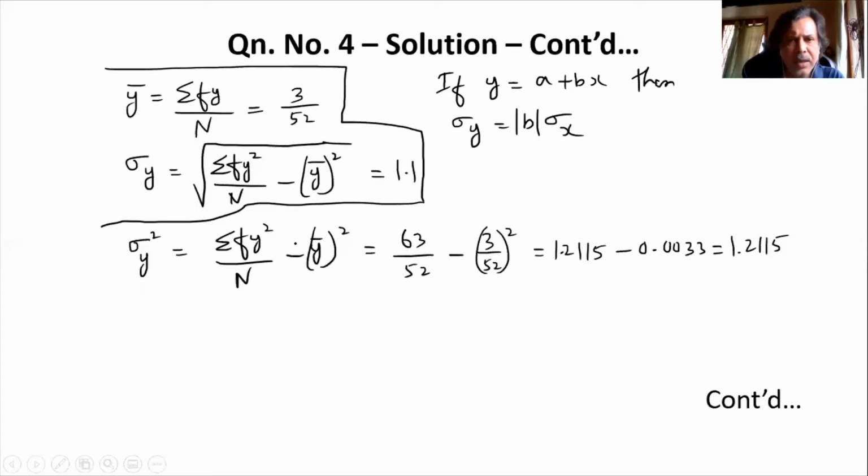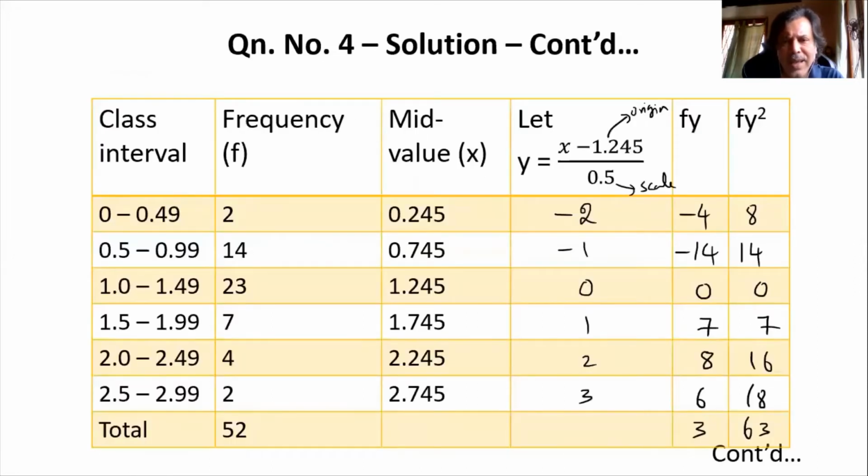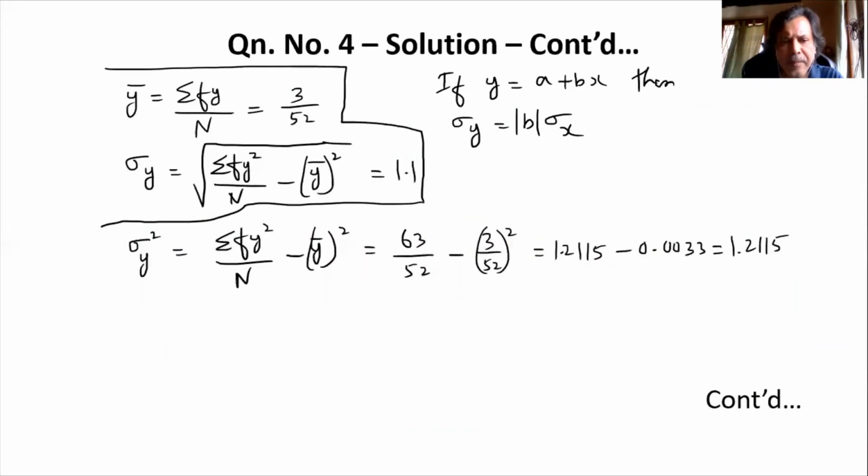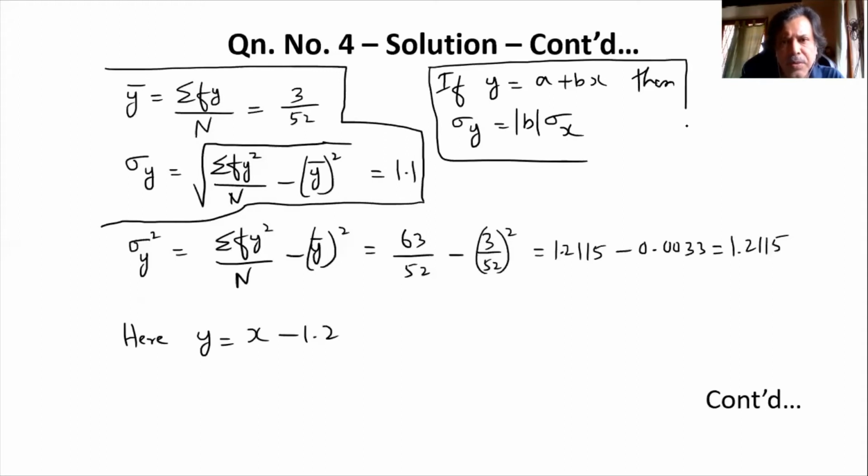So in this case, what is our y? Y is x minus 1.245 divided by 0.5. Let me keep this separately; this property will be used to find the standard deviation of x.